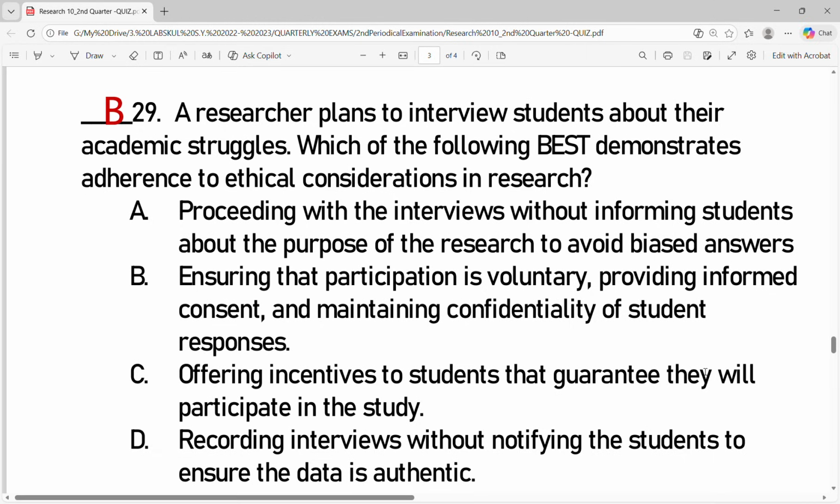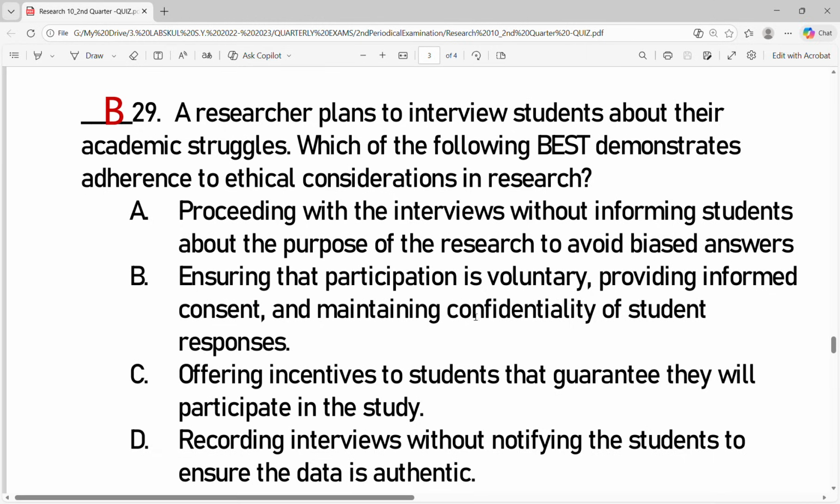What else? The data that you will be gathering from them would be kept confidential. And since this is an interview, usually we provide pseudonyms or alias sa aton nga mga informants or participants, no?